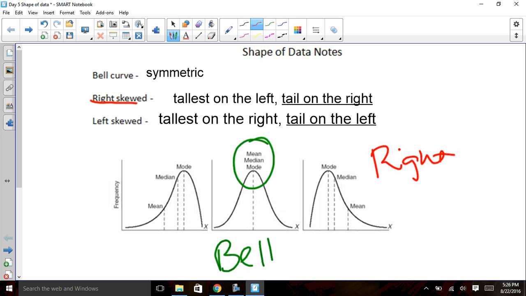Now, something else I would like to point out. Look at my mode and my mean. If you remember, my mode is the one that I see the most, so it's the one that happens more often. Well, if you take a look, and you recall your xy's, over here is 0, isn't it? So on a right skew, your mode is going to be a smaller value.